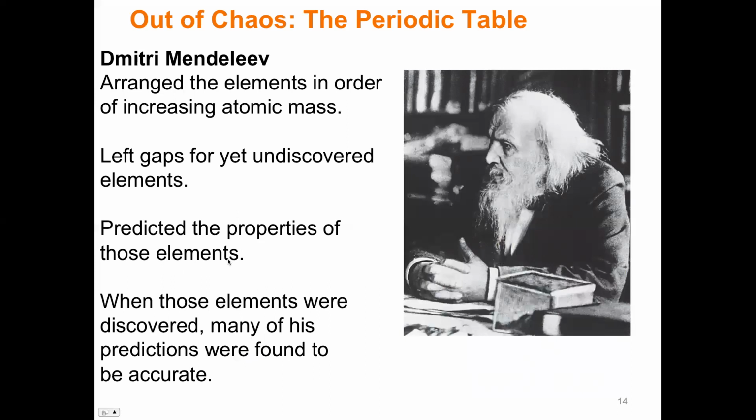He put those into different rows and columns, and as we'll find out later, we'll talk more about it. But as he did that, he was able to predict properties of elements that hadn't yet been discovered, right? Because he could see that the ones that had certain masses would have certain properties.